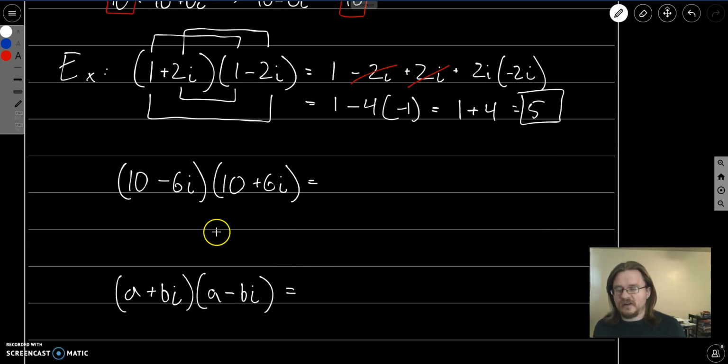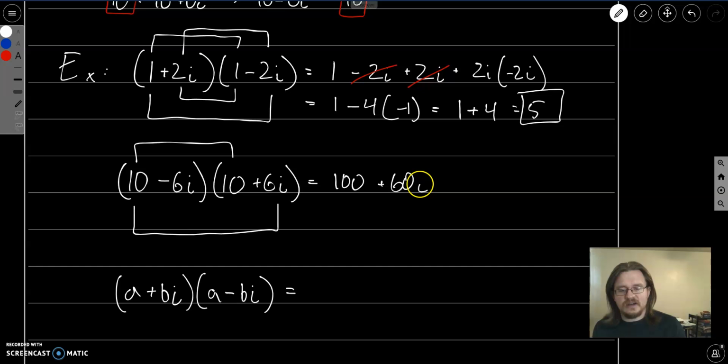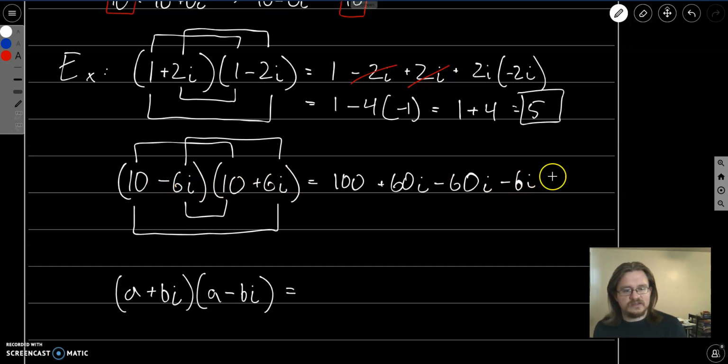Let's do the same thing down here. We've got a few bigger numbers. So I've got the first terms, which is 10 times 10, which is 100. Then I've got 10 times 6i, so it's going to be 60i. And then I've got negative 6i times 10, so it's going to be negative 60i. And then in the back, I've got negative 6i times 6i, so minus 6i times 6i.